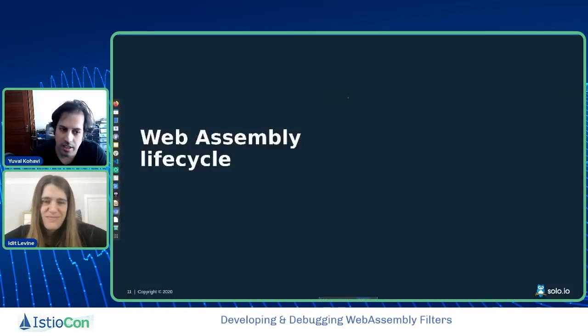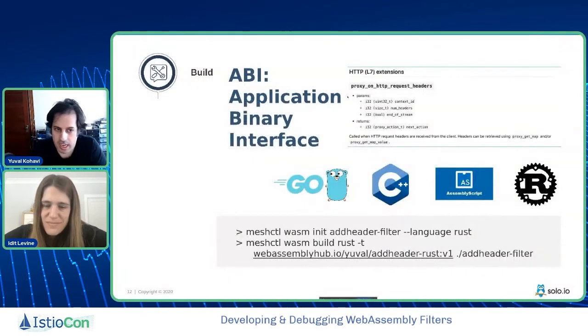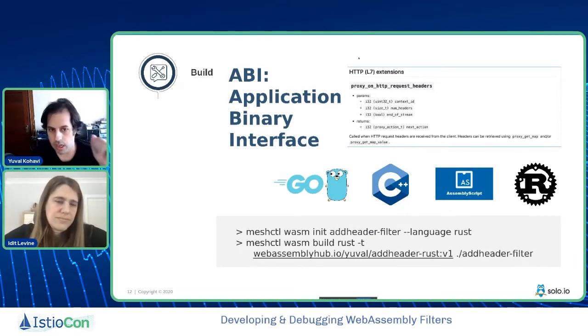Perfect. Like Edith said, let's go through the life cycle of building, deploying, and debugging WebAssembly filters in Istio. The first thing we have to understand is that the way WebAssembly filters work, they have a certain contract between Envoy and the WebAssembly filter.